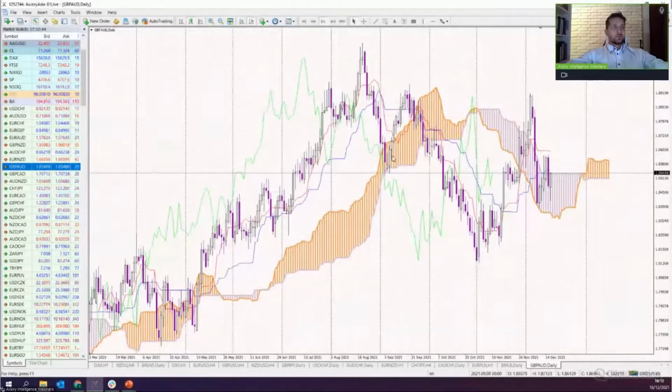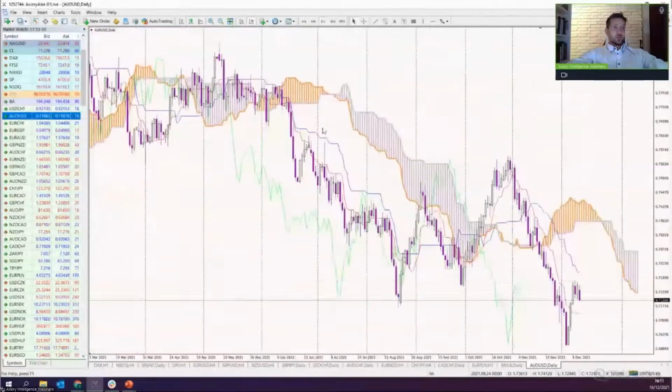This works as a support, yes, for some time, yes. I would say that, not only based on this example but in general, using Kumo is problematic. It does not give signals as often as you would like.